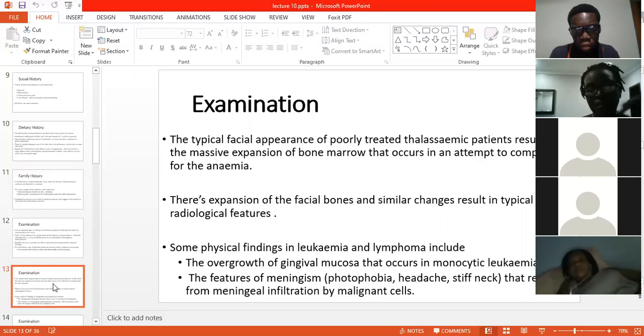There's sometimes gingival hypertrophy. So there's overgrowth of the gums when you are looking specifically at certain type of leukemia. Then the same leukemia can also cause photophobia and stiffness. So when you examine the patient, you would realize that the neck is stiff.